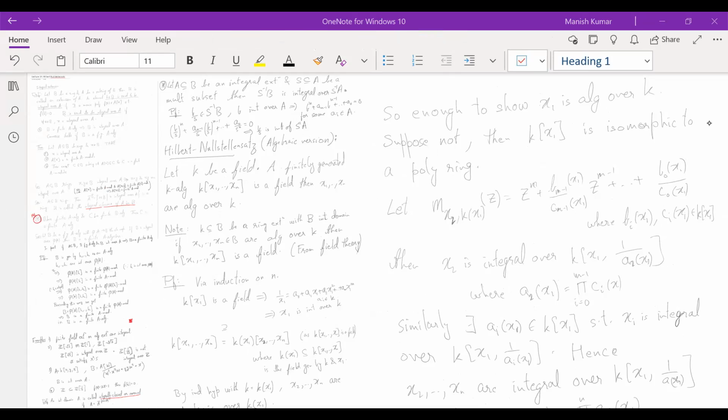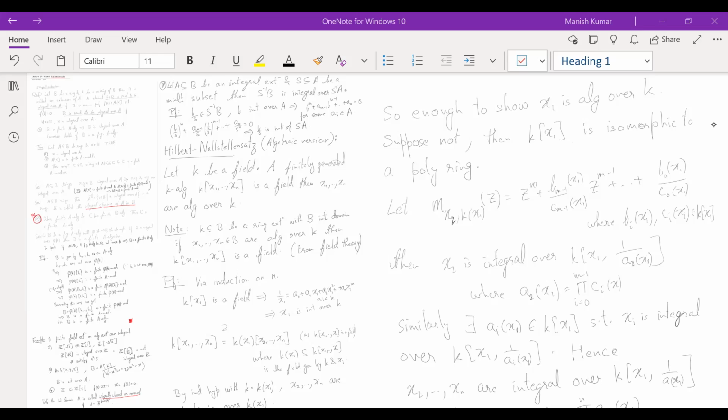Maybe the idea is the following: k(x1, ..., xn) is a field over k. So it is something like zero dimensional, because it's a field. But fields are always zero dimensional. You mean zero dimensional over k?